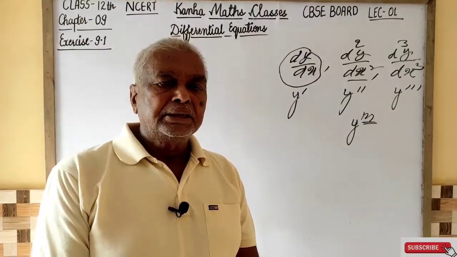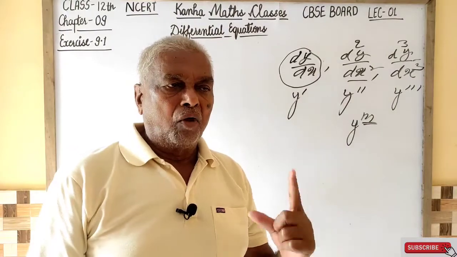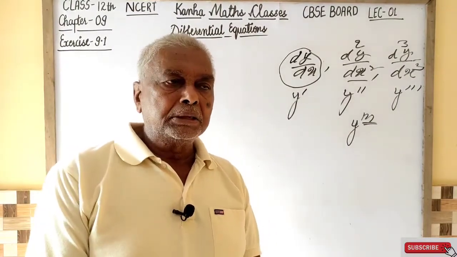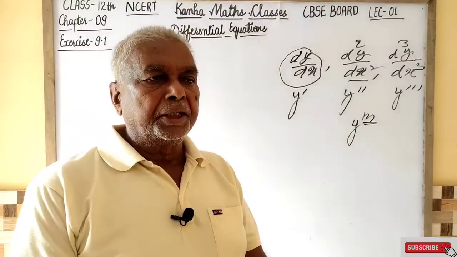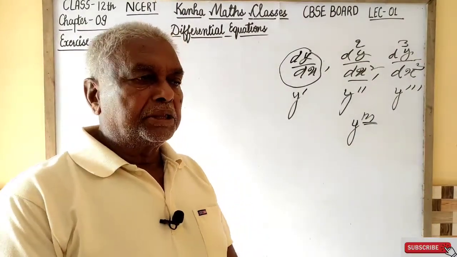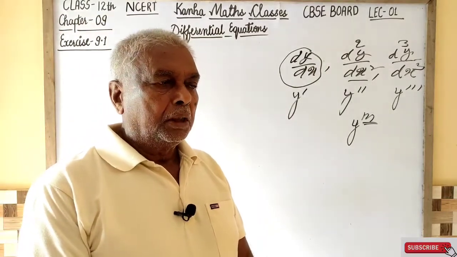Y dash means the first order derivative, so order 1. Y double dash means the second order derivative, so order is 2. Y triple dash means the third order derivative, that is 3.